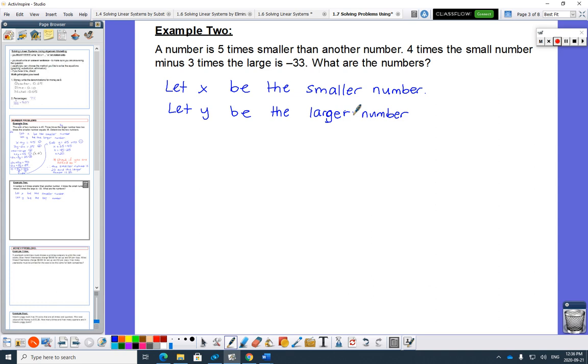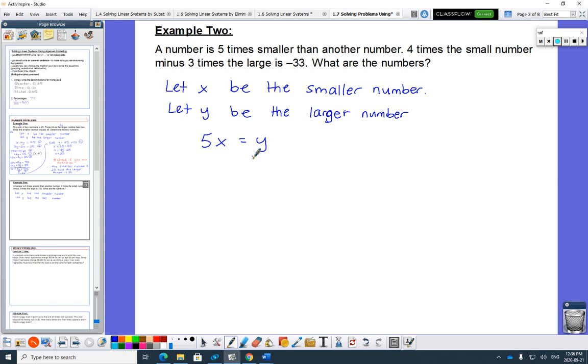Okay, so the larger number y is the same as 5 times the smaller number. So 5 times the smaller number equals the larger number. That's what the first sentence says, and it makes sense. If y is the larger number, then multiplication makes a number bigger.